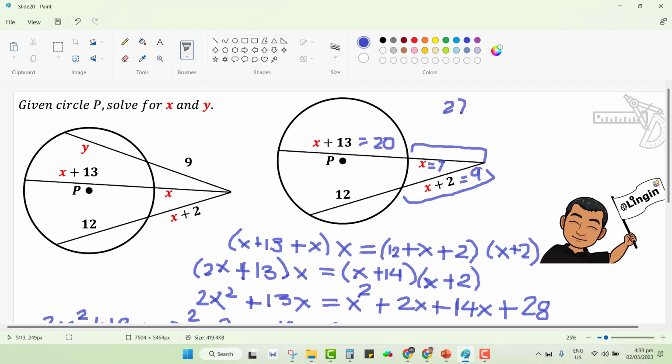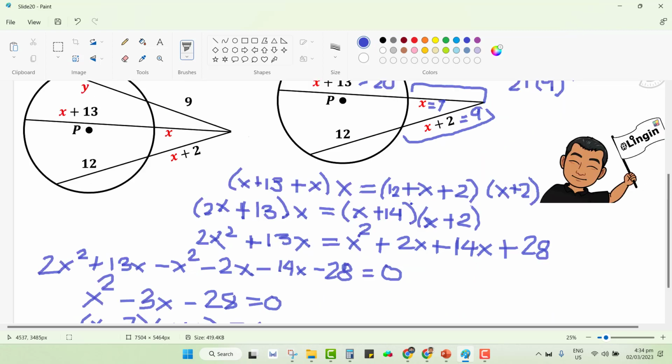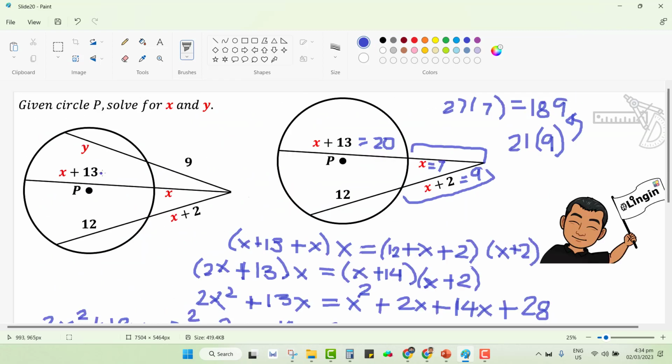So 27 times 7 is 189. Let me check. Yes, 189. For the other one, the entire segment, not just 12, 12 plus 9 is 21, times the exterior of 9. So it's still equal to 189. That means this is really correct, and we have solved the value of x.